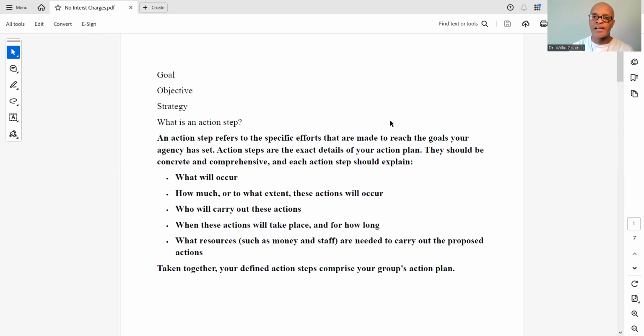In this instance, I was looking at particular things that I need to specifically do to try to reduce the interest that I paid. Last year, I used Navy Federal convenience checks, cash advance, and paid about $184. I was looking to do some particular action steps to reduce that.